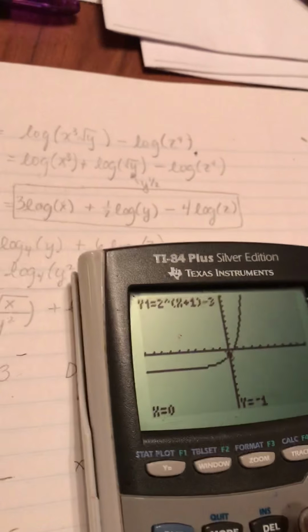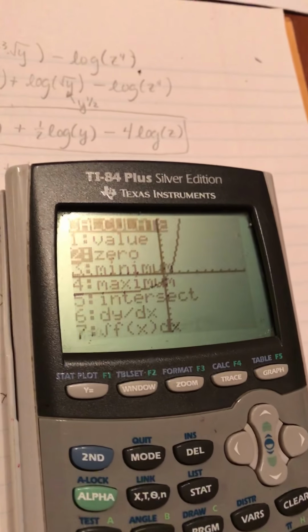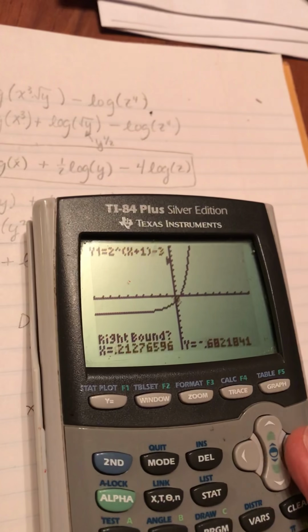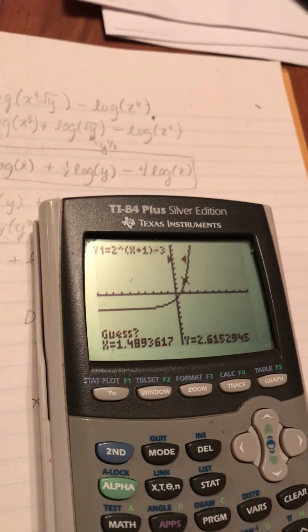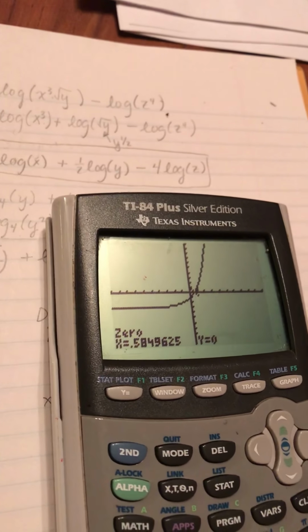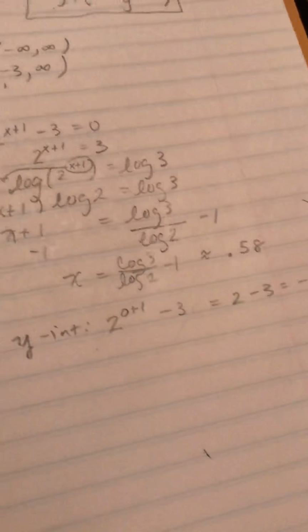Of course, the x-intercept you could find with second calc 0 by giving it a left bound and a right bound and hitting enter for a guess. And there it gives you approximation. Not a real nice number, that log of 3 over log of 2 minus 1, but 0.58, 0.5849.